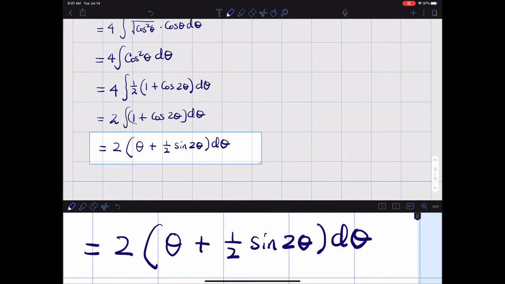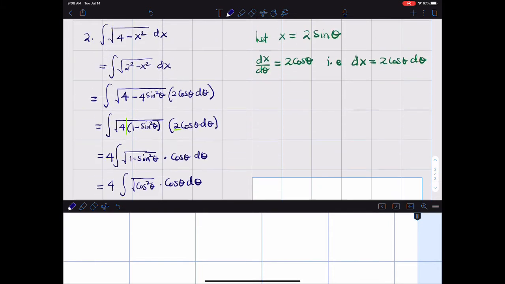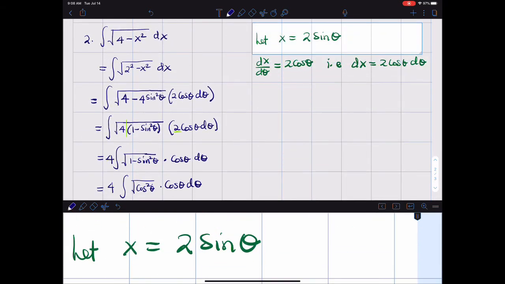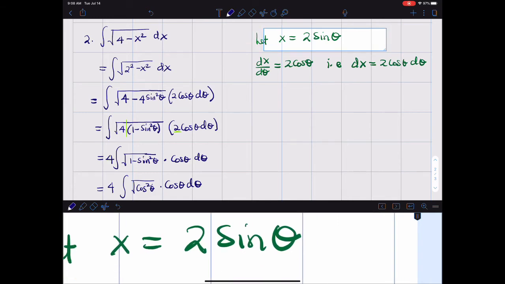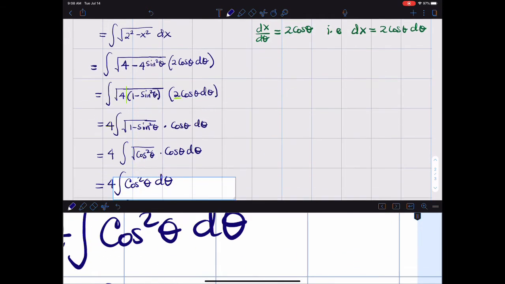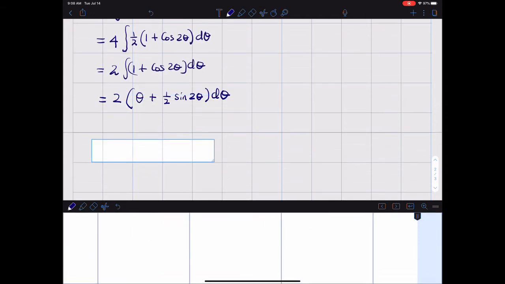All right. Now, our substitution is in terms of x, and it gives us sine of theta. We don't have any sine of 2 theta, so we're ending up with sine of 2 theta. But think about this.